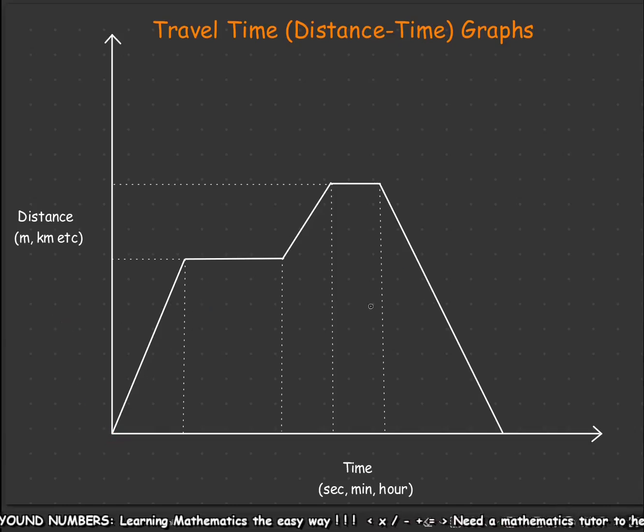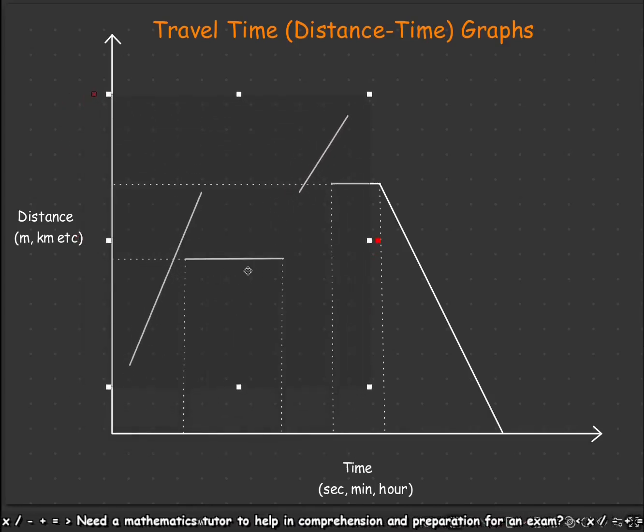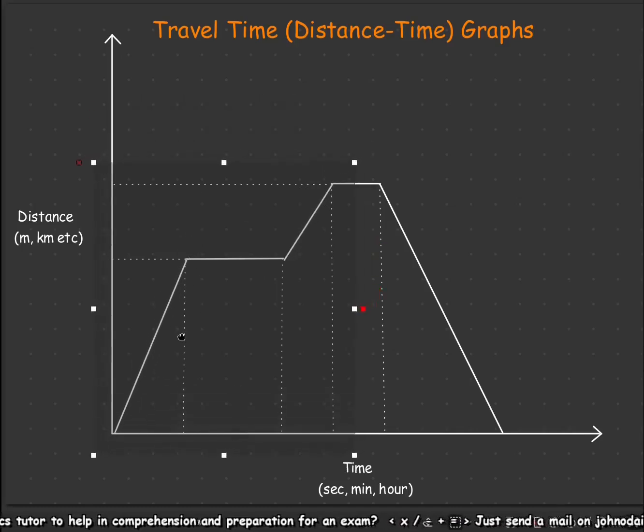Now this graph here represents some types of motions that are worth noting. Okay, so the straight line upward, that is this part here and then this part here, you see, they represent moving at a constant speed. That is from your initial position.